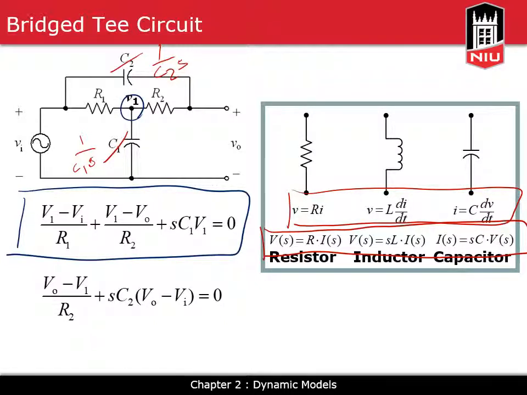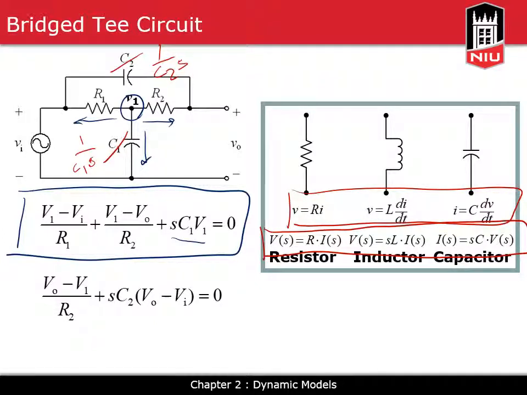V1 minus VI over R1 is the current that goes this direction. V1 minus VO divided by R2 is the current that goes this direction. And V1 divided by 1 over C1S is the current that goes this direction. That is the same thing as S C1 times V1. The sum of all those three currents has to be equal to 0.